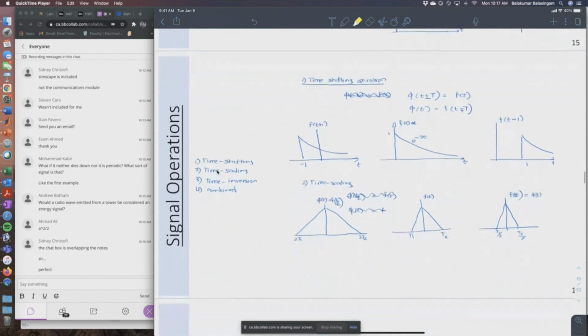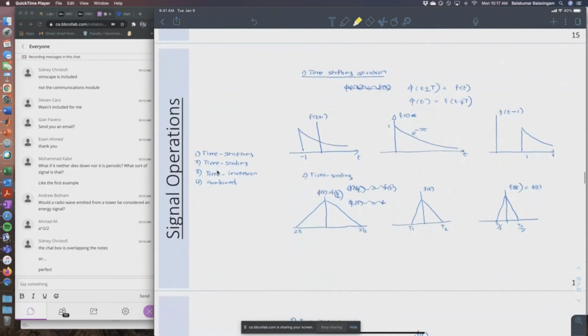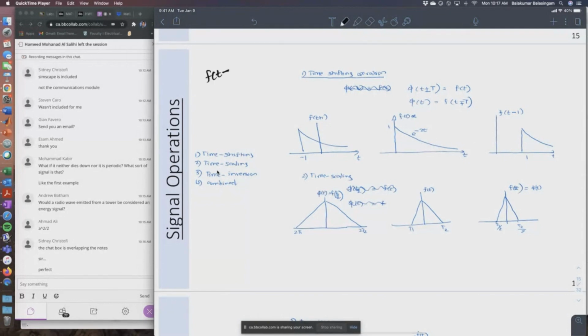Time shifting operation. We saw what time shifting is. For example, f(t minus some delay) just shifts the signal to the right, when I'm looking at the plane. And then time scaling. Time scaling is f(t by 2).